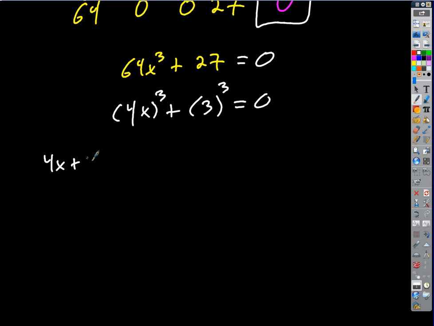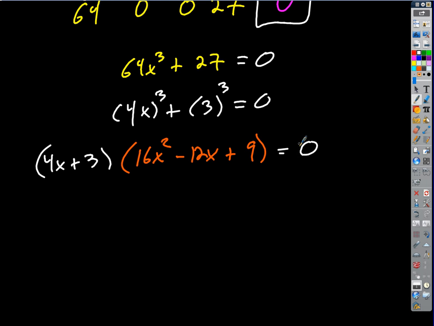So I get 4x plus 3 times what? It's going to be a squared, so 4x quantity squared would be 16x squared, minus ab, 12x, plus. Okay, so we get another factor out of this, don't we?